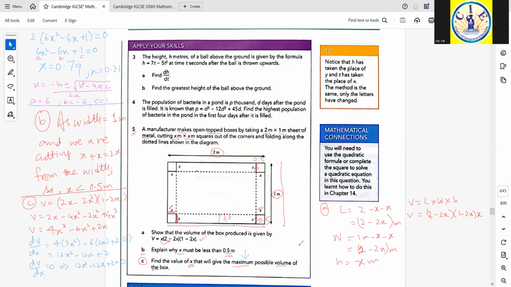For that, we can replace x with 0.79 in the expression of volume: 0.79 times (2 minus 2 times 0.79) times (1 minus 2 times 0.79), using the calculator, or we can also replace that value into the simplified expression as well.